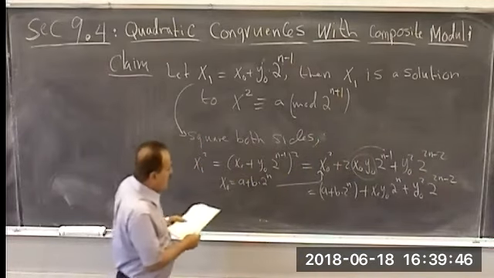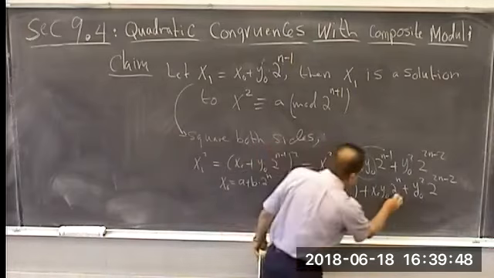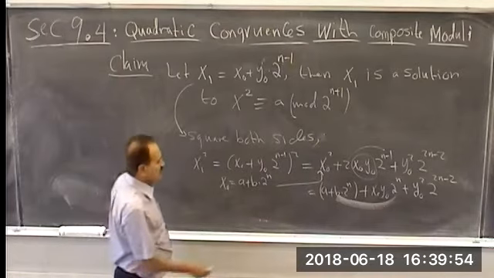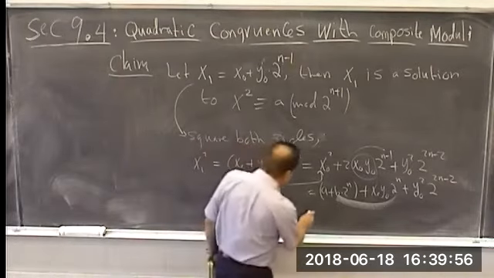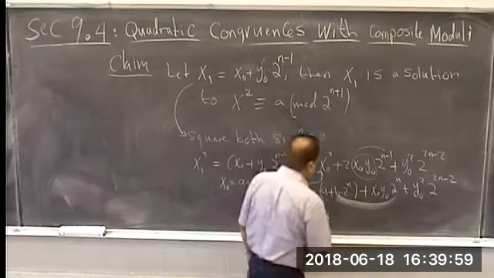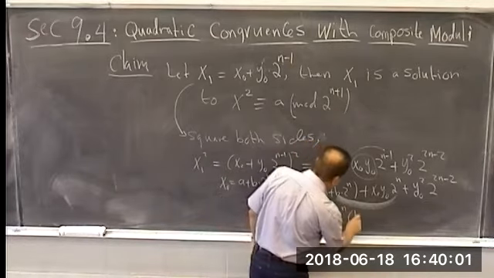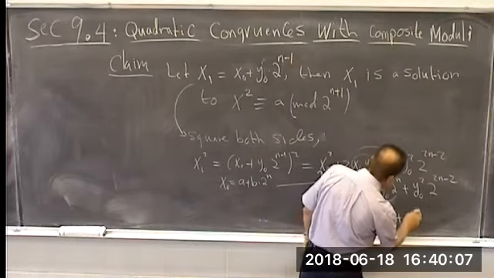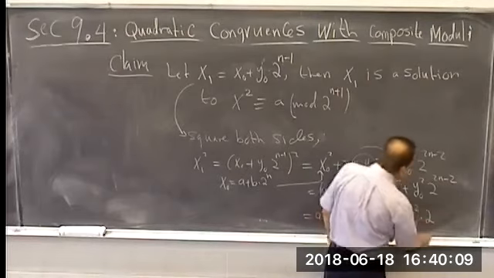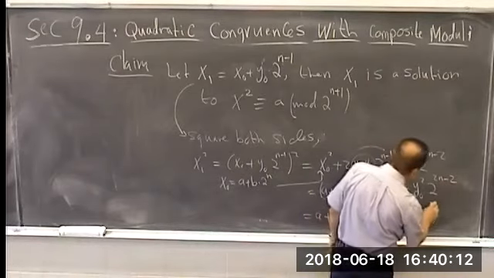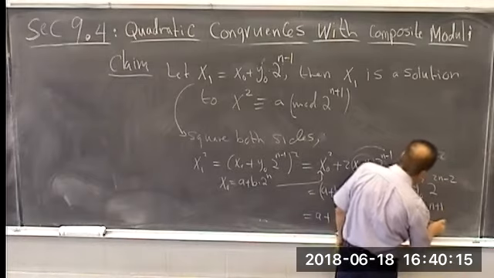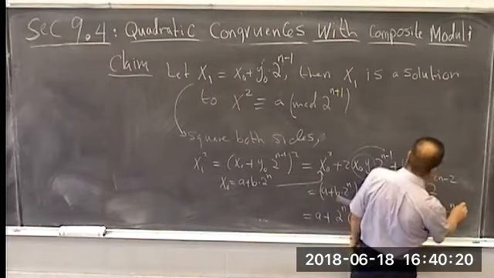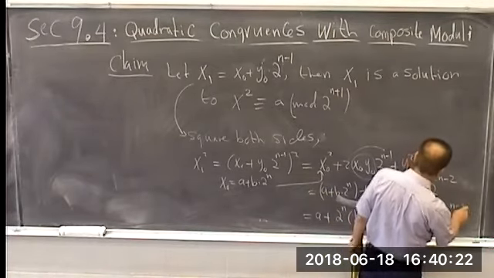All right, let's combine these together, so we could replace this using the solution of the linear congruence equation. So this one is a plus 2 to the n times b plus x sub 0 y sub 0 plus y sub 0 squared times 2 to the n minus 2. Actually, let me write this as 2 to the n plus 1 times 2 to the n minus 3.